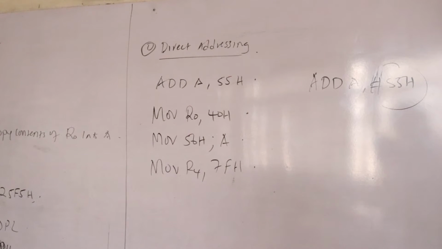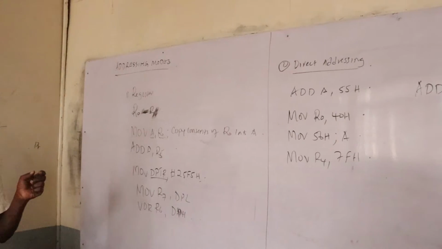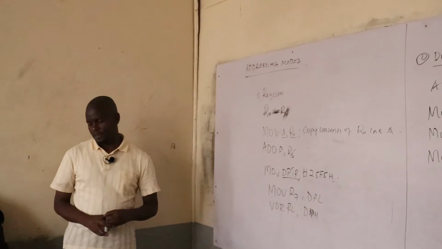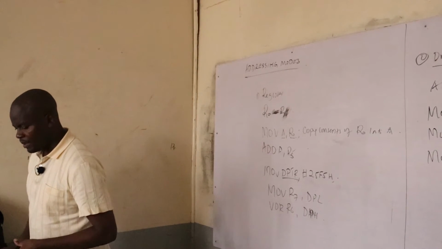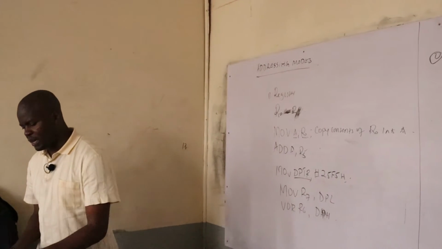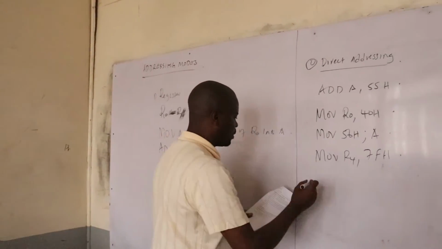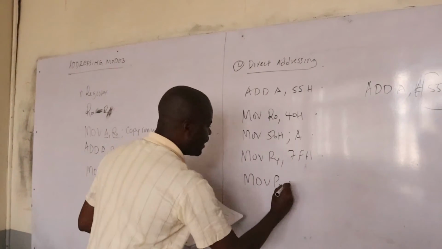Direct addressing mode simply means that we are able to access a memory location, and it is from that particular memory location where the data is stored. Or you can also have another instruction like MOV P1, A.